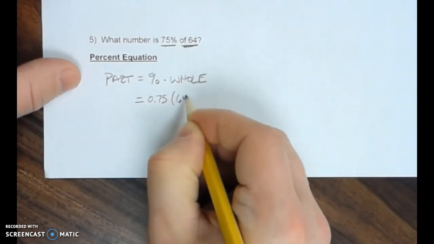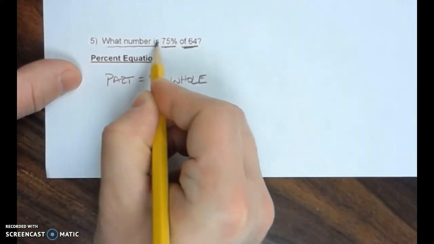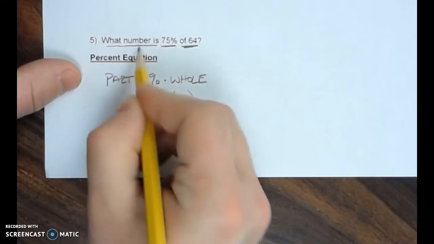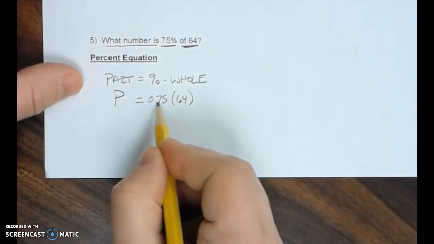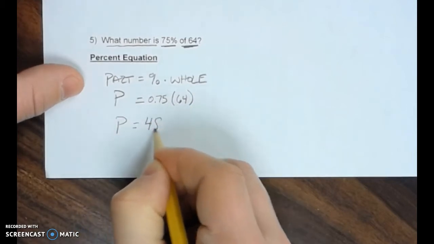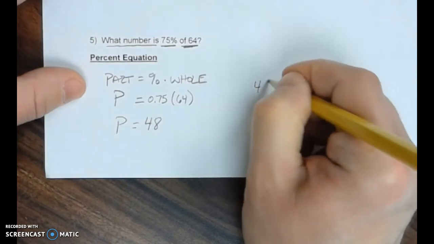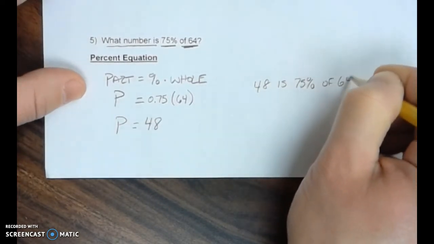So I'm going to substitute 64 into the whole. And what number is attached to the part. And we don't know that value, so we're going to call it P for the part. So to get the part, do 75 hundredths times 64, and that gives you a value of 48. So 48 is 75% of 64.